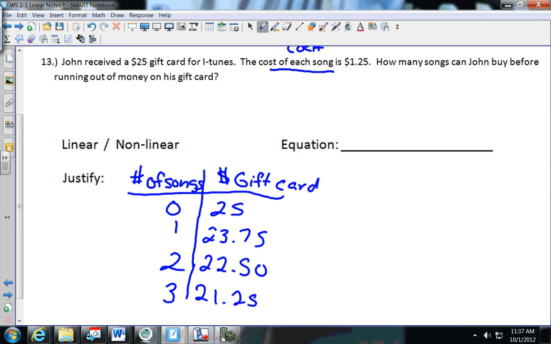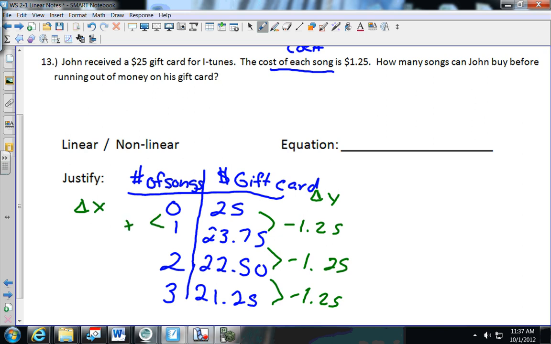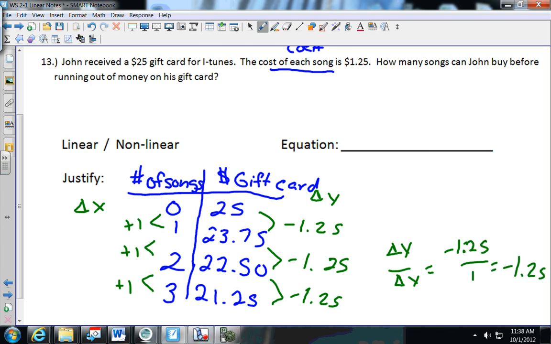Well, the first thing it wants to know is, is it linear? That just means is delta y over delta x the same? It's going down by $1.25 each time. Delta x is going up by 1. When you take delta y divided by delta x, you get negative 1.25 over 1, which is negative $1.25.